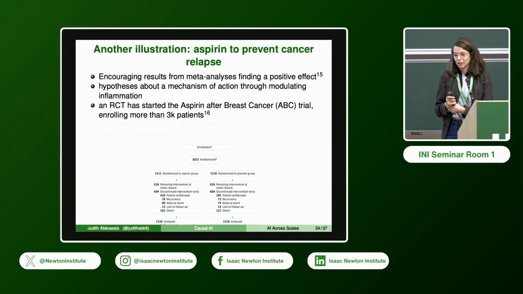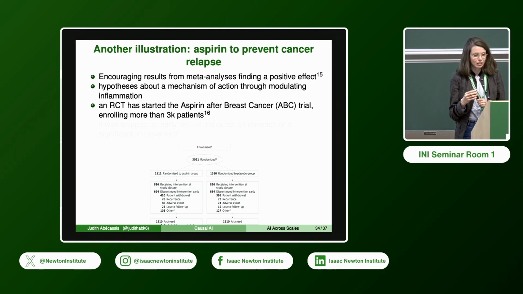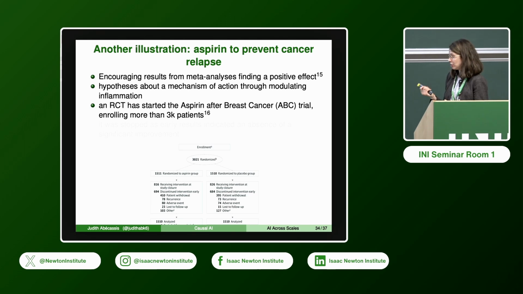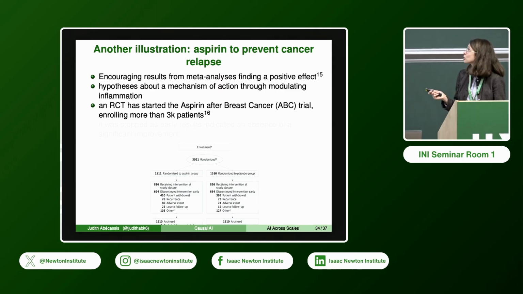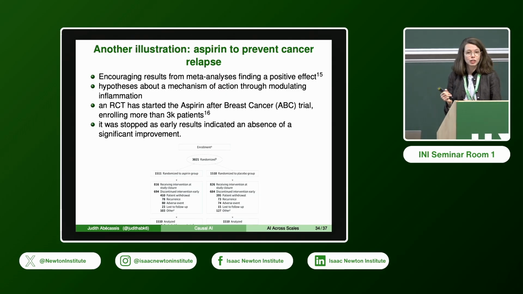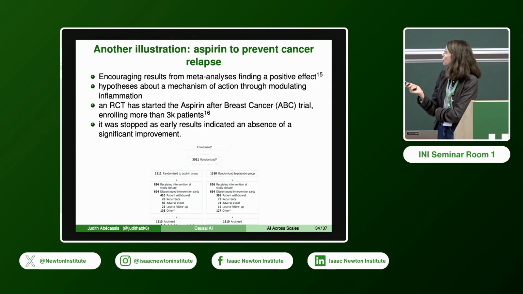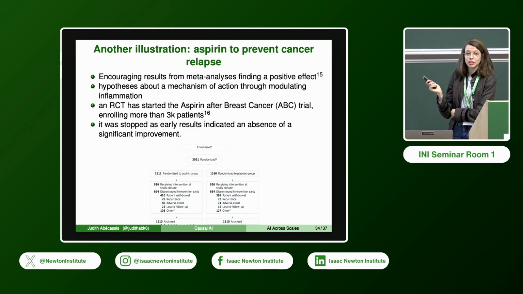And it was so compelling that an RCT, so a randomized controlled trial, was started to analyze this effect of aspirin on breast cancer relapse, and 3,000 patients were enrolled, and the trial was actually stopped early because at an intermediary point, no significant positive effect was found in this case.